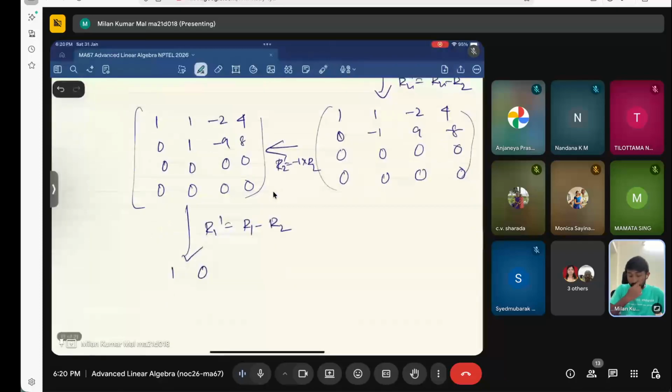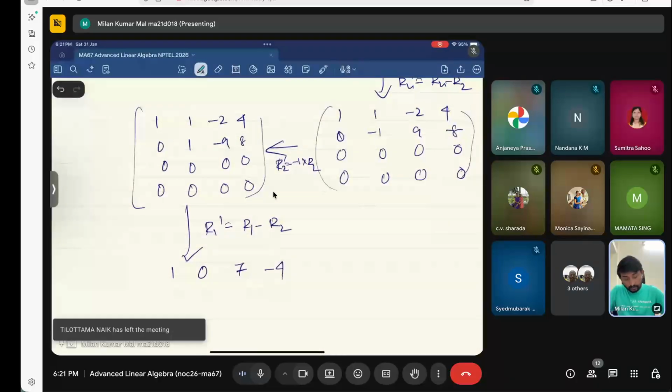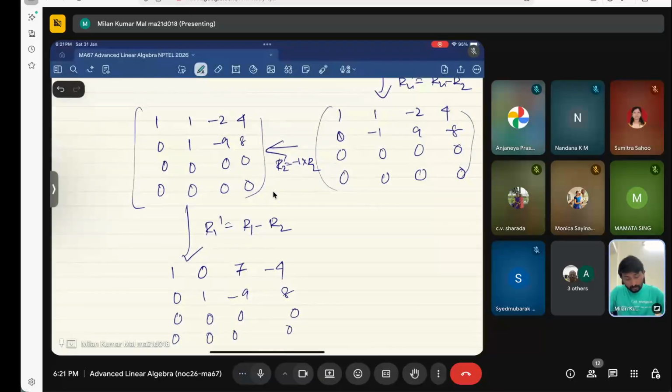So this will be 1, 0, minus 2 minus 9, that will be 7, and 4 minus 8, that will be minus 4; 0, 1, minus 9, 8; 0 0 0 0 0 0 0. This is the row reduced form.